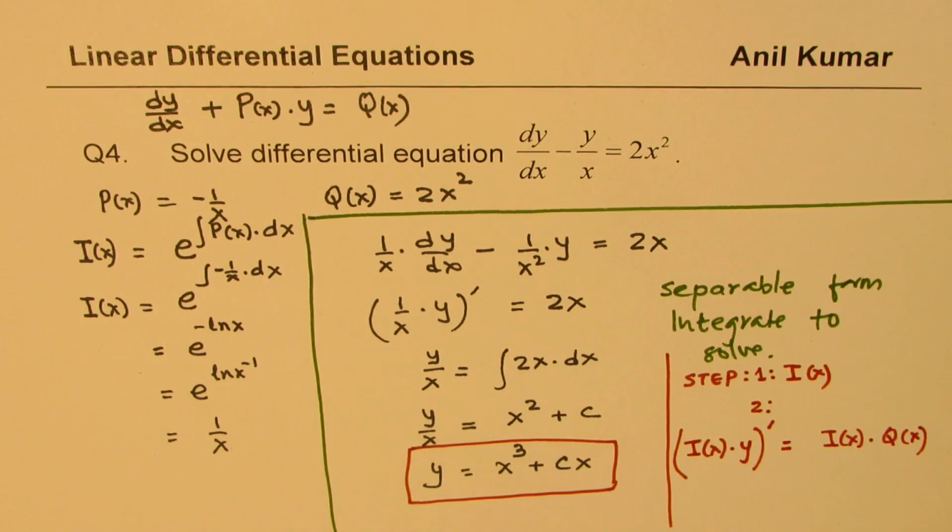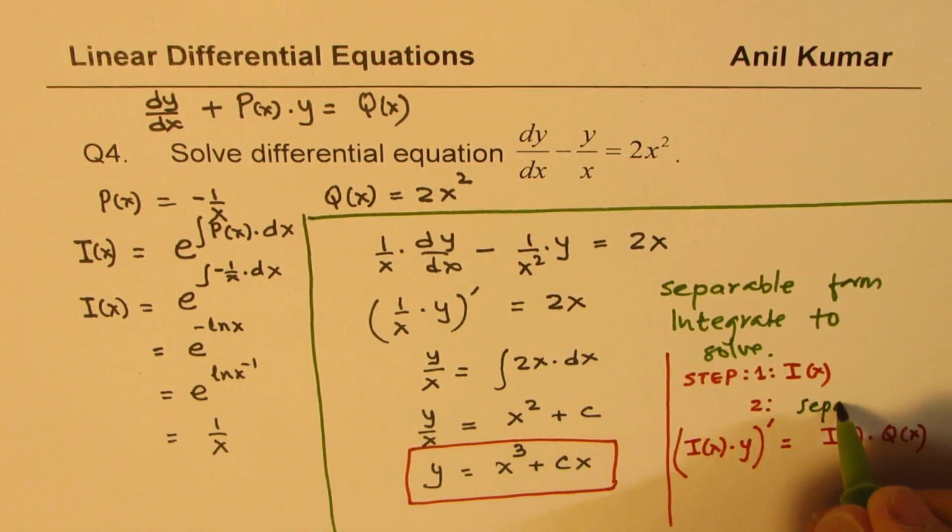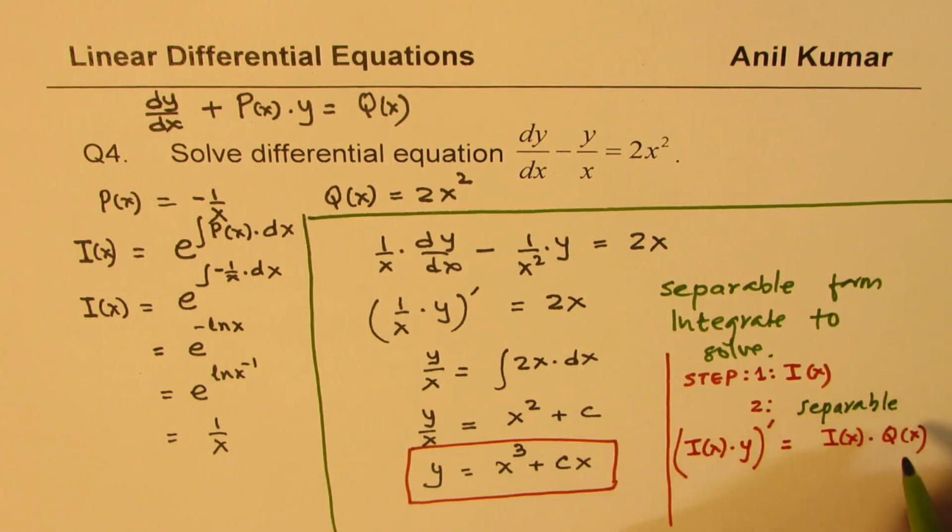Perfect. So once you get this, this is your separable form, and then you integrate to solve. So that is the strategy to solve any first order linear differential equation.